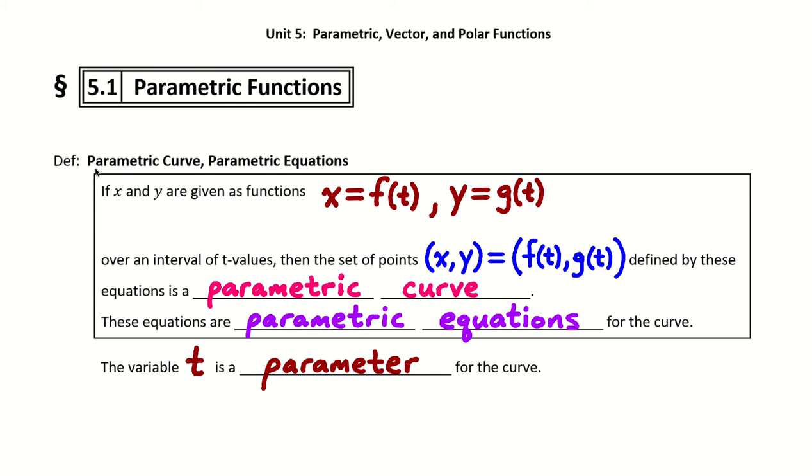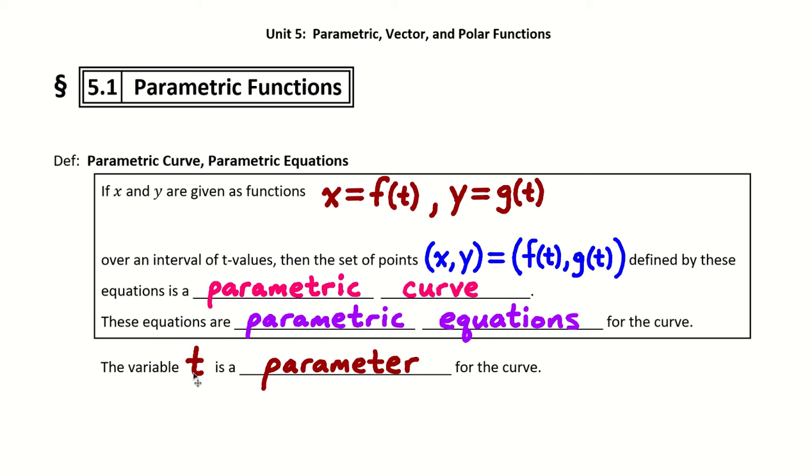Here's what it is. The definition of a parametric curve, or a curve given by parametric equations, is this: if x and y are given as separate functions, x equals some function of t and y equals some other function of t, so you're defining x and y separately using a third variable, t, over an interval of t values, then the set of points defined by these equations is a parametric curve, and these two separate x and y equations are parametric equations.